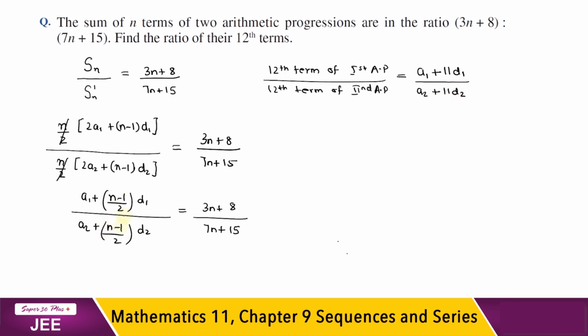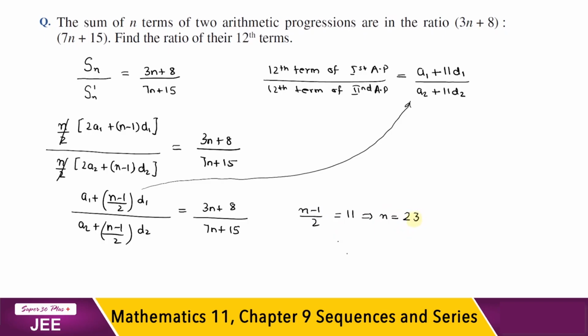Now if we look at these two relations over here and over here, what one can see is that if he puts n minus 1 by 2 equals to 11, he is going to get definitely which relation? This one. Alright, if we put n minus 1 by 2 equals to 11, what is he going to get? Over here it becomes a1 plus 11d1 upon a2 plus 11d2. And this is what is required in the question, which gives us the value of n as 22 plus 1, which is equal to 23.